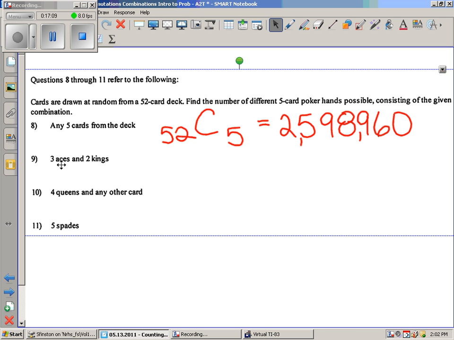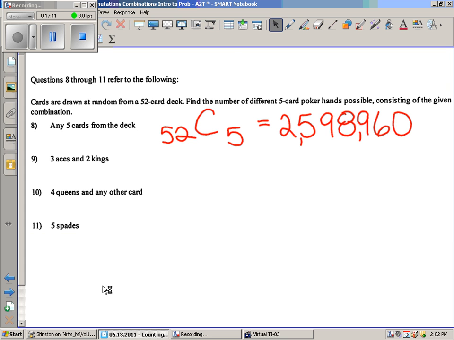How many aces are there? 4C3 times, it's just like that beginning problem with the counting principle. It's like, how many different ways can I put on pants? And then shirts. Times, how many kings? 4C2. Now tell me, what is that? It is 24.